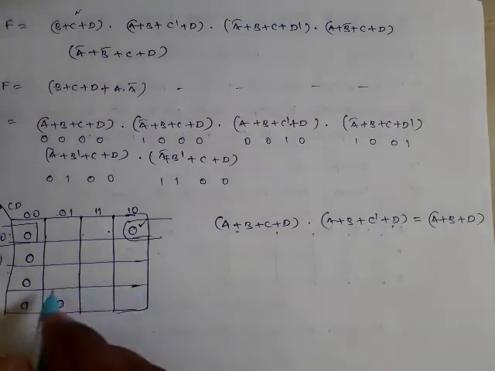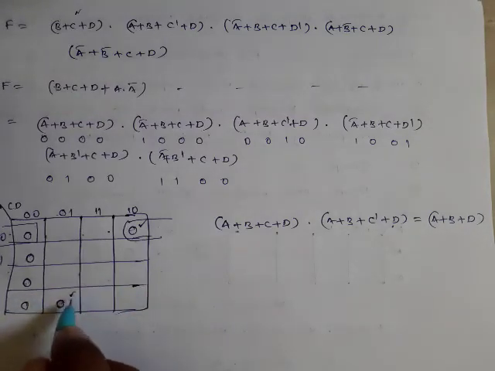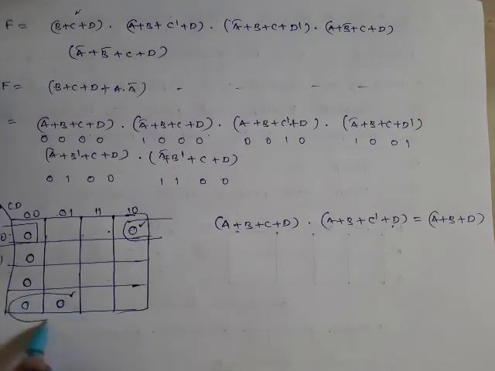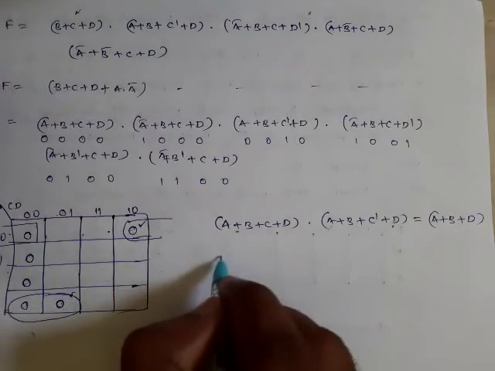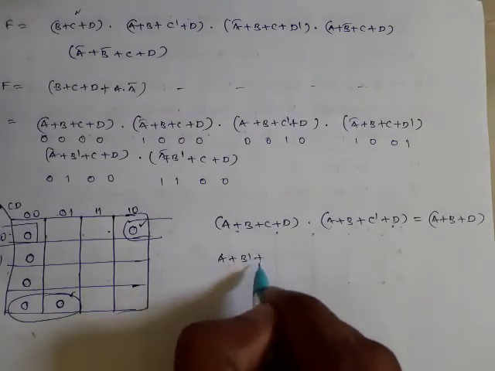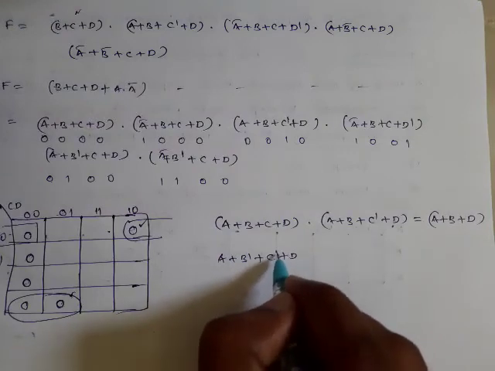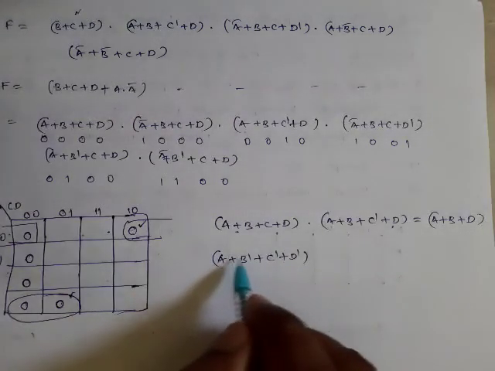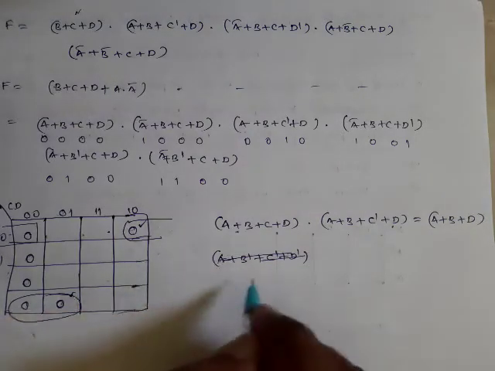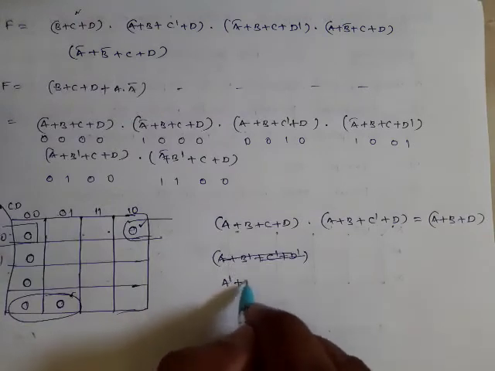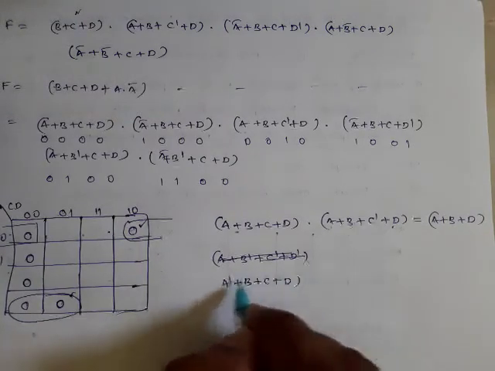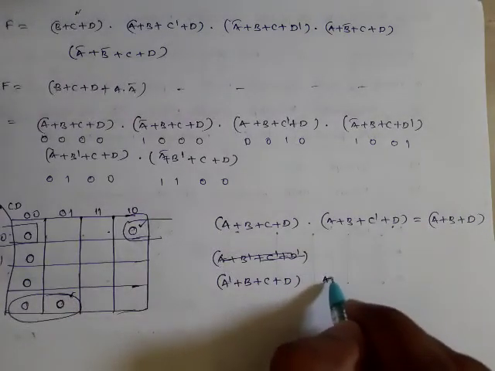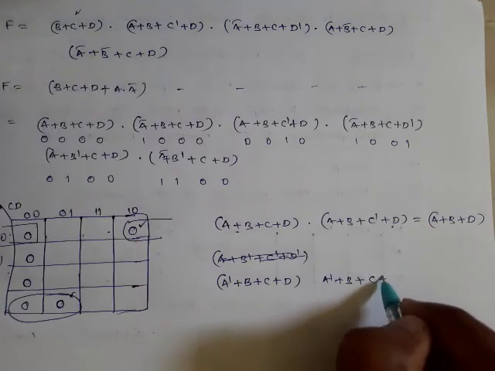A plus b plus d is the sum term corresponding to this pair of 2 zeros. Next you see whether there are any other zeros which are adjacent to only one other zero. So this is that 0 adjacent to only this zero, so we form a pair of these two, and the max terms corresponding to this are a bar plus b plus c plus d, and a bar plus b plus c plus d bar.